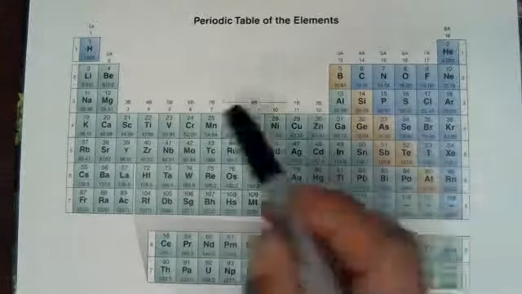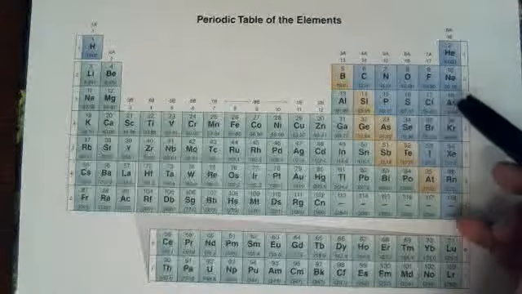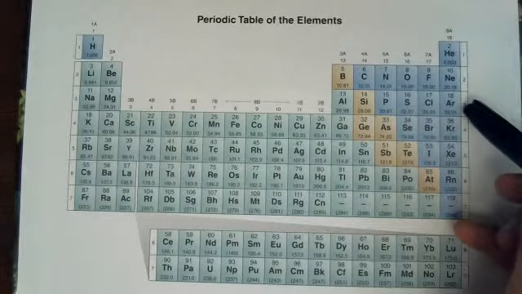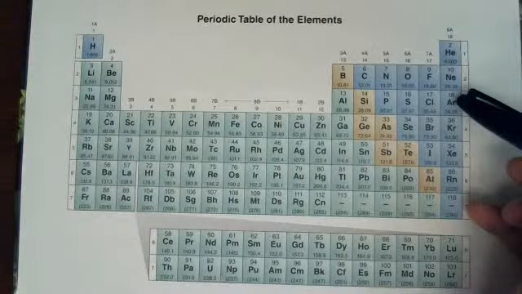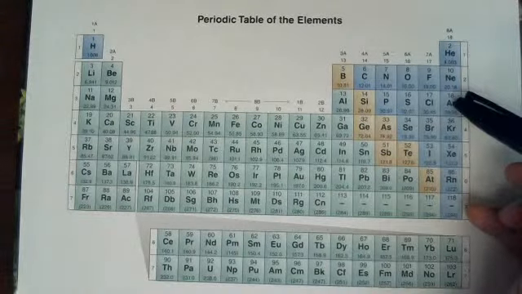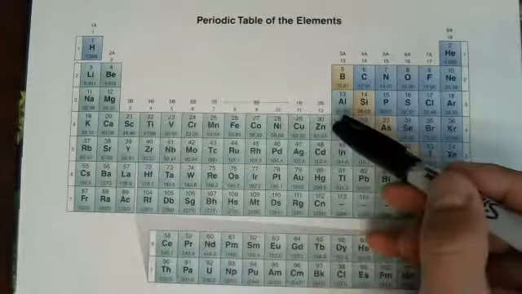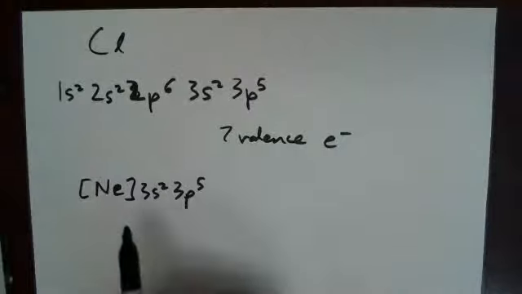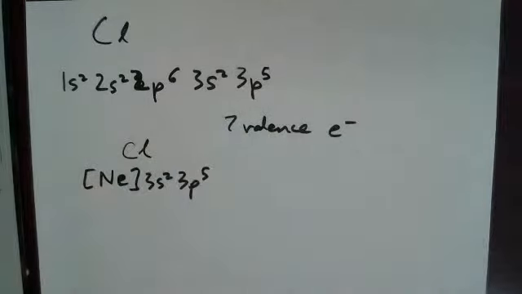Instead of going through all that, you could just go to the noble gas that occurs on the row before, and the noble gas there is argon. The argon can just be written in brackets, and then you just start with 4s2, 3d10, 4p5, which greatly shortens it. In the same way, that's why neon 3s2, 3p5 is also acceptable for chlorine.